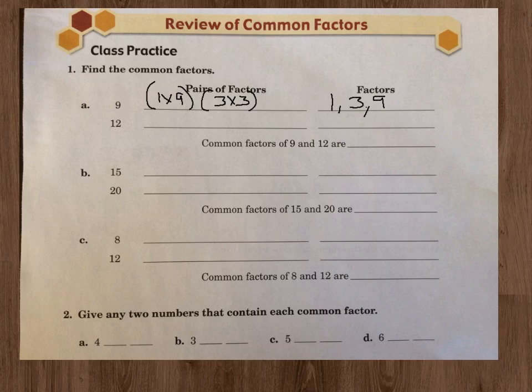Okay, let's look at 12 now. It'd be 1 times 12, the easiest. Now, 12 ends in a 2, and if a number ends in 0, 2, 4, 6, or 8, then 2 goes in it. 2 times 6. And also 3 times 4.